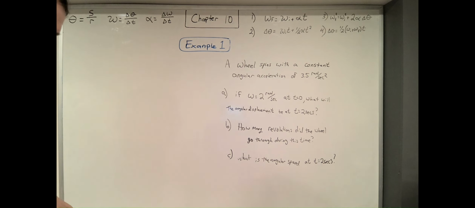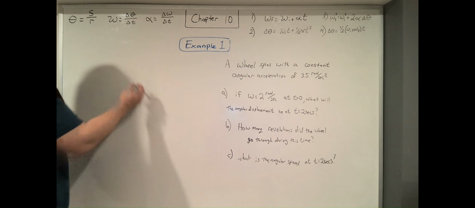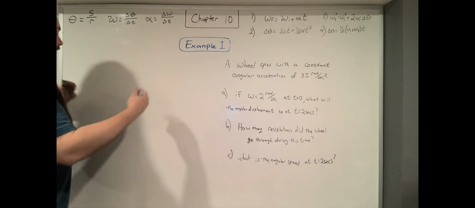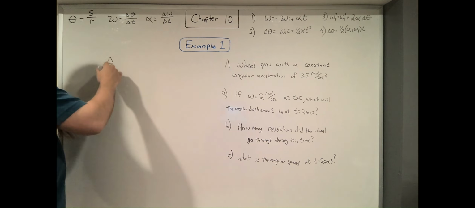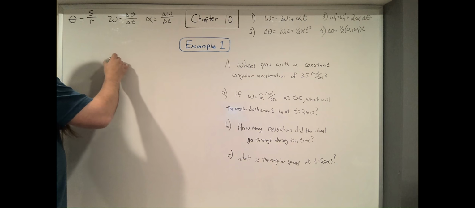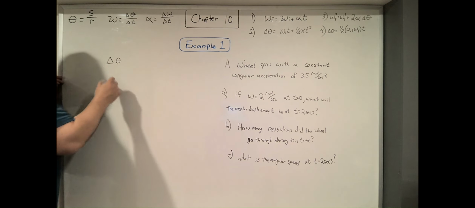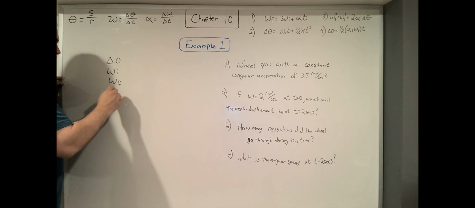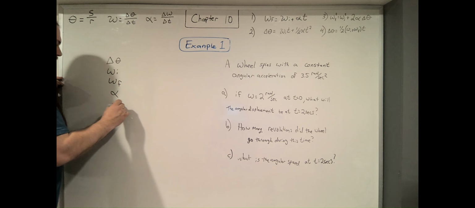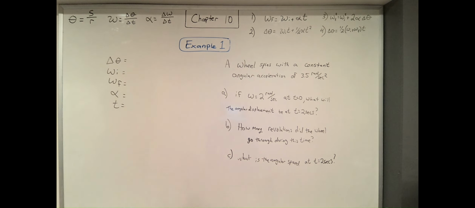It sounds like we have some kinematics. So let's go ahead and write out our kinematics. Now, angular only occurs in one dimension, since it's rotational. We don't have an x and a y, which means we're only going to have one set of numbers. We're going to have the change in theta, the initial velocity, the final velocity, the acceleration, and time.